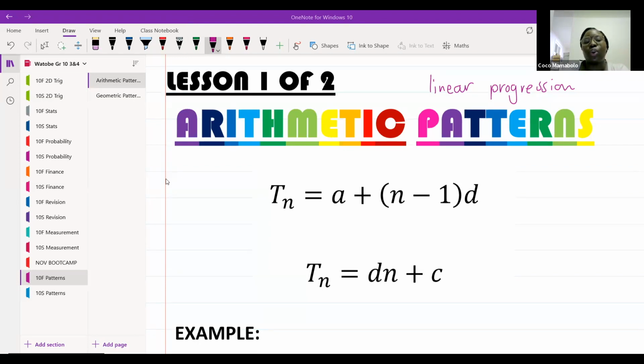All right, so the two formulae that we're going to learn that are going to give us the same thing is first this one, which is standard. This is the standard one that you will find on your formula sheet.